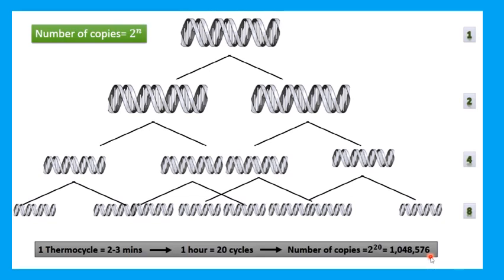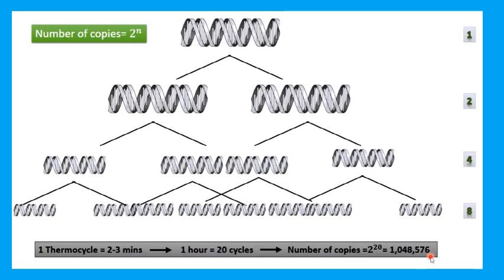So after 3 cycles, 1 copy of the DNA sequence multiplied into 8 copies, and so on.